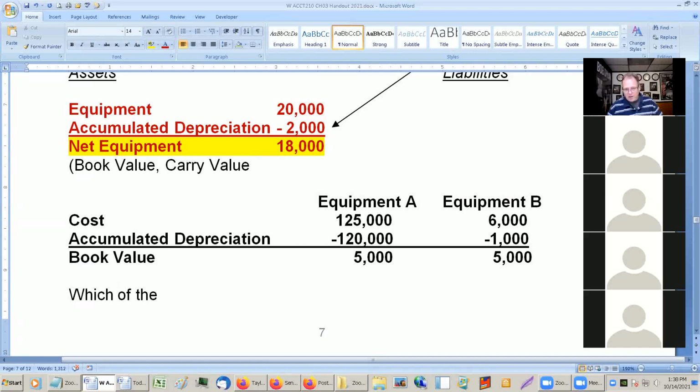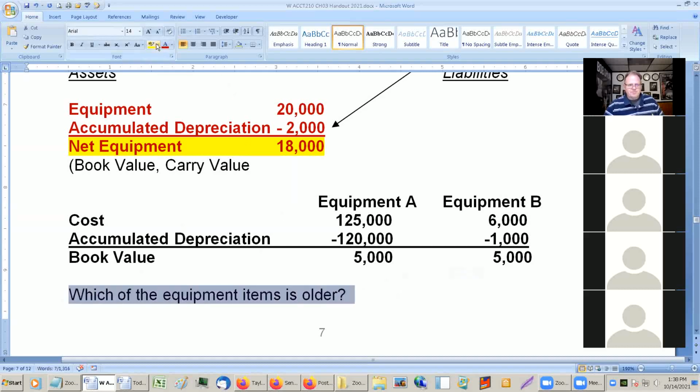Which of the equipment items is older, A or B? They both have the same book value, the same carrying value, the same value that we show on the balance sheet.